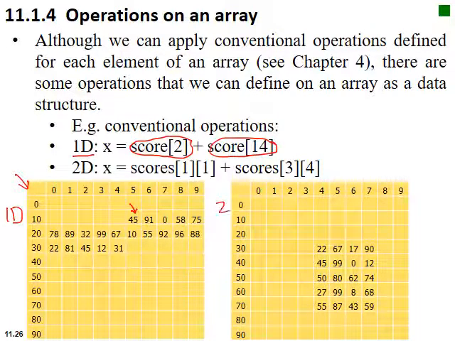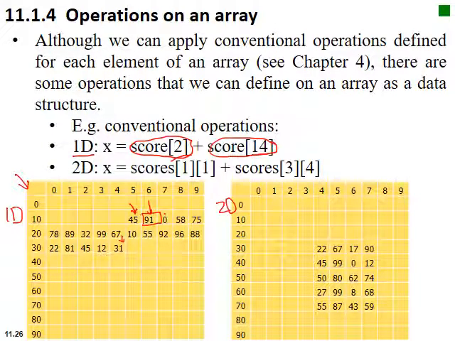Later we will get to the two-dimensional case, but now let's focus on the one-dimensional case in the left-hand array here. That is just a one-dimensional array. The first element is 45, the second element is 91, the third element is 0, and so on. There are 20 elements, so the 20th element is 31, for example. So if we now say score 2 plus score 14, then this is score 1, and this is score 2 over here.